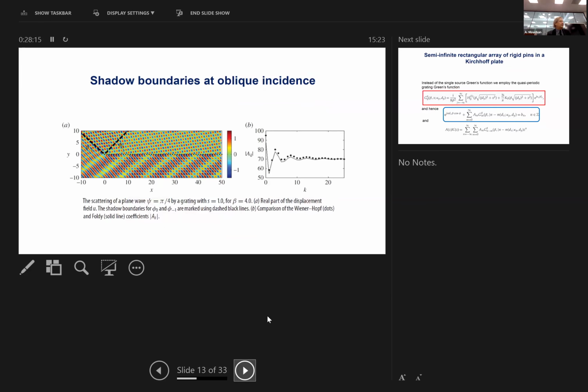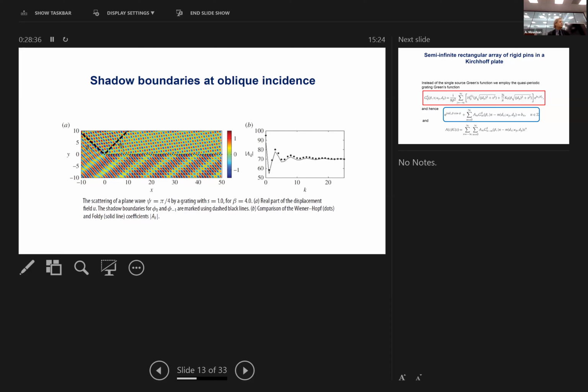Okay. Then, this is just the illustration where you can look at oblique incidence and look at shadow boundaries. So this is your shadow boundary. And again, you can do it using this method.